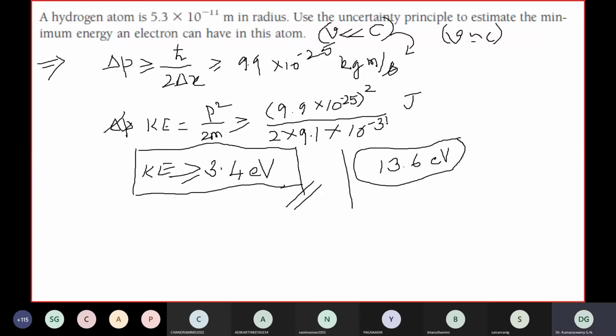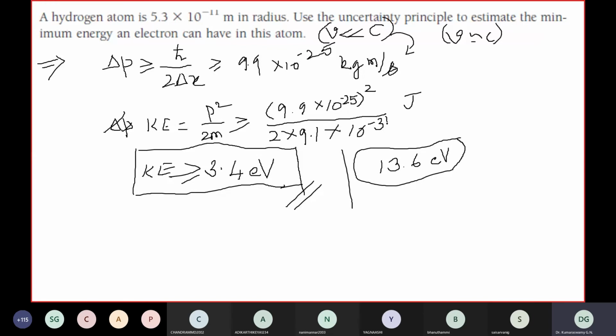I will give the question surely. Wherever V is very much less than C, I'll give that condition for the particle.